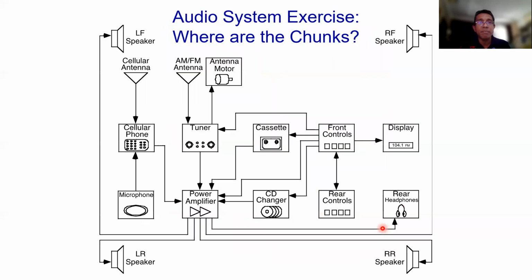And then this one is another example exercise for an audio system. So what you can see here is where the chunks are for the audio system, as accessories: they have cassette, tuner, antenna, cellular phone, microphone, power amplifier, CD changer, and rear controls.